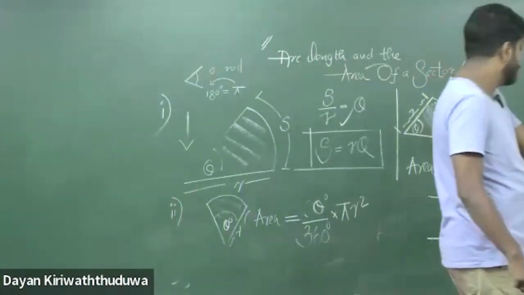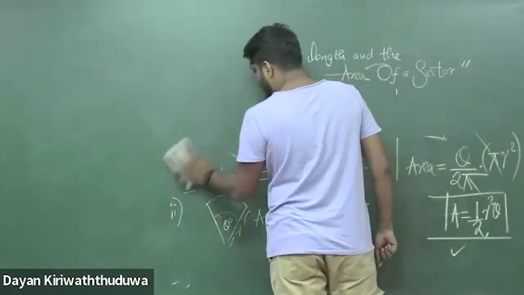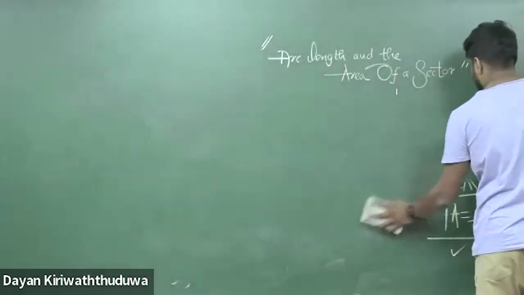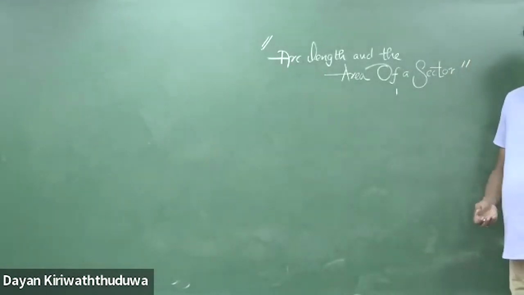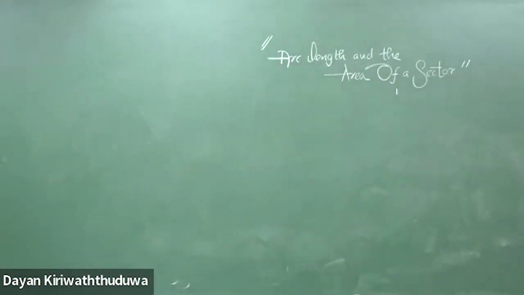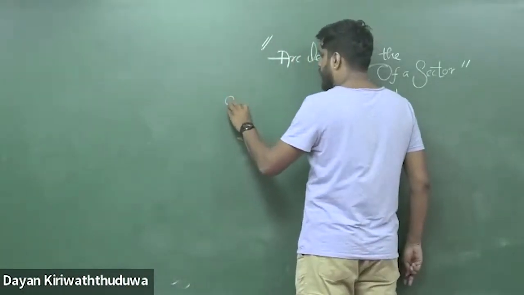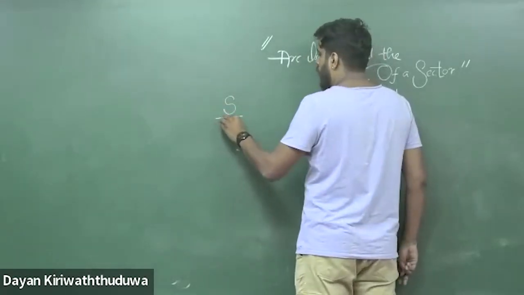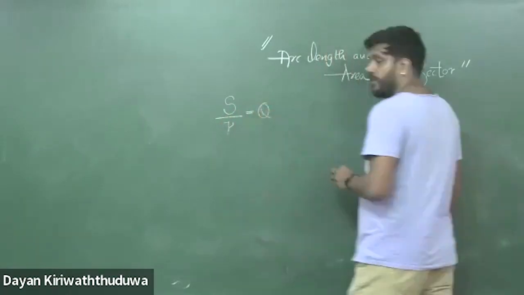Right? So let me erase this and revise what we have done. Find this particular context of arc length and the area of a sector. So going back to the basics, arc length is inspired by the concept where we started in terms of defining the radian and the angle measurement of radians. So arc length divided by the radius turned out to be the angle in radians, isn't it?